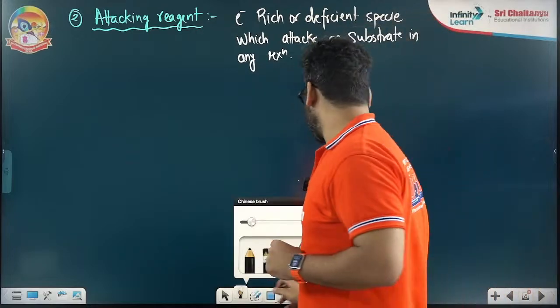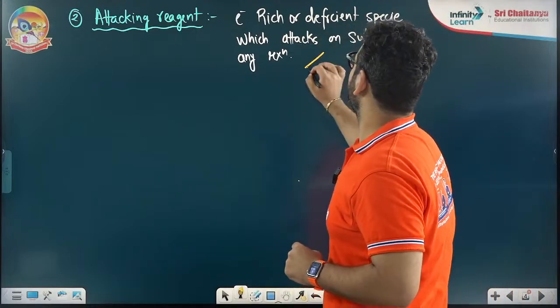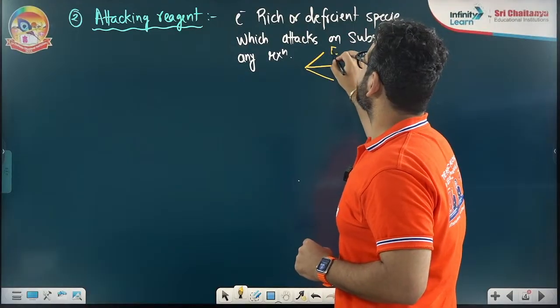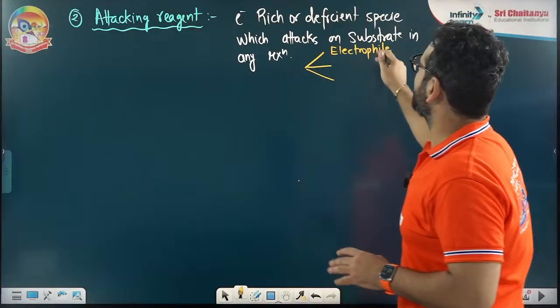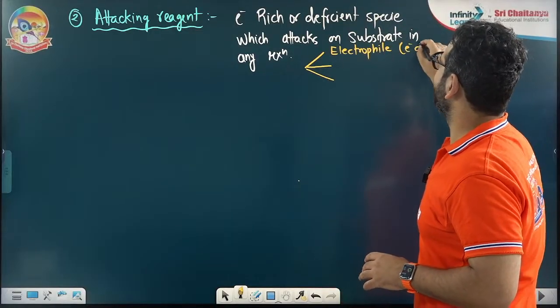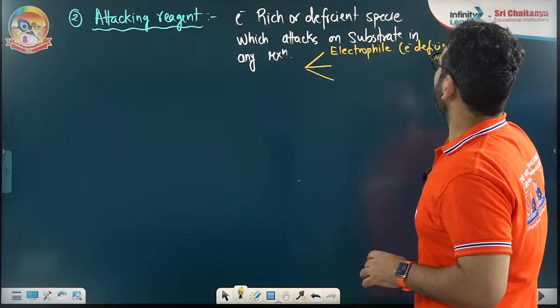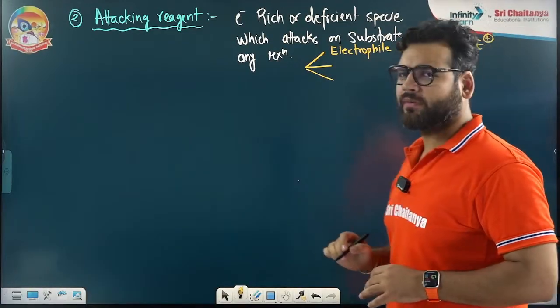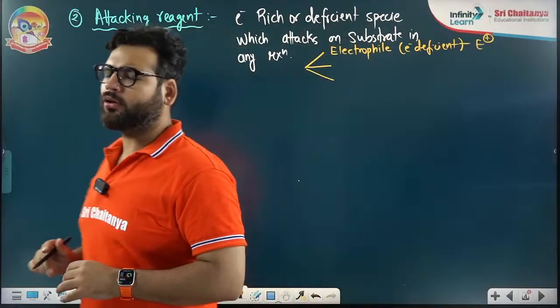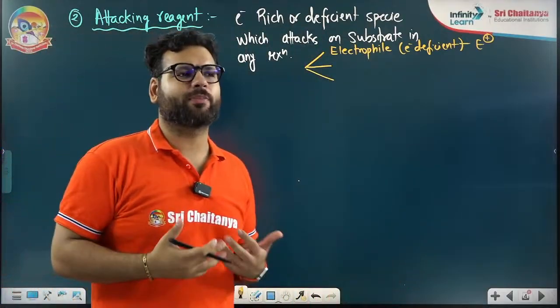Now they are of three types. We call the first one electrophile, meaning electron loving. So they are electron deficient species. We show them as E positive. They may not always be positively charged, but an electrophile is generally represented as E positive.